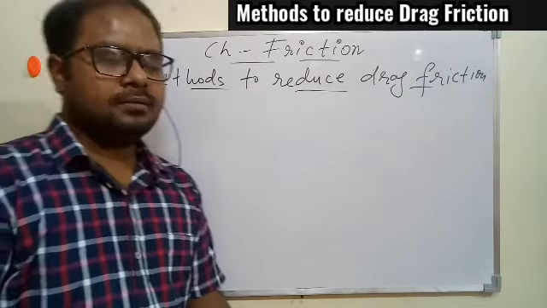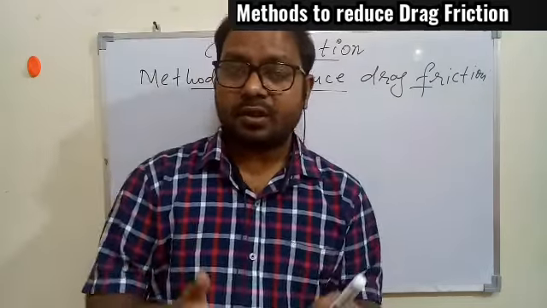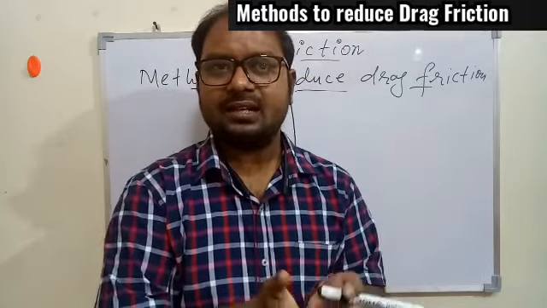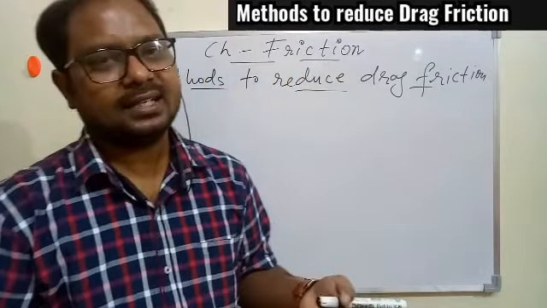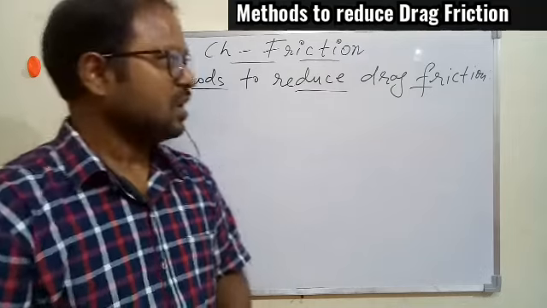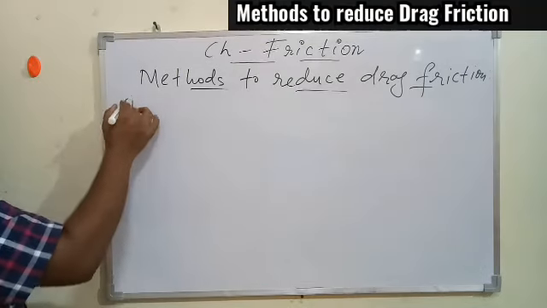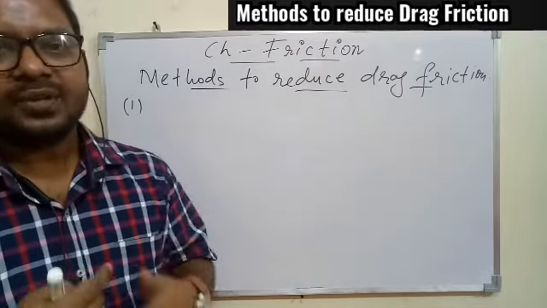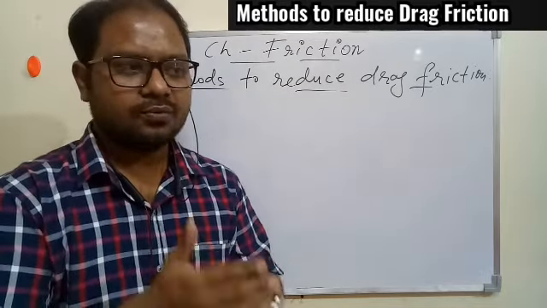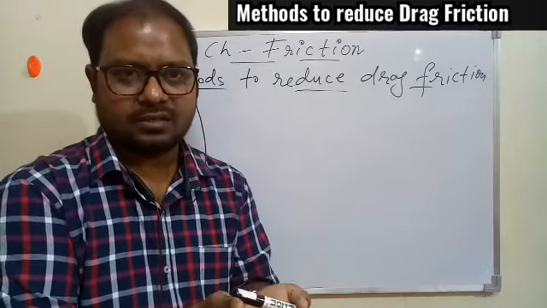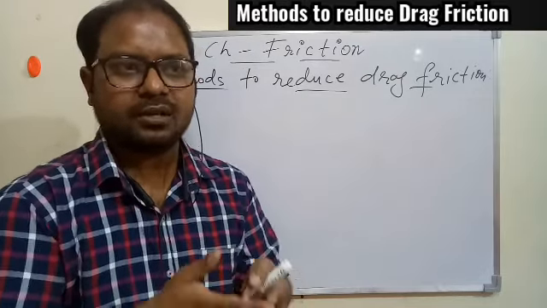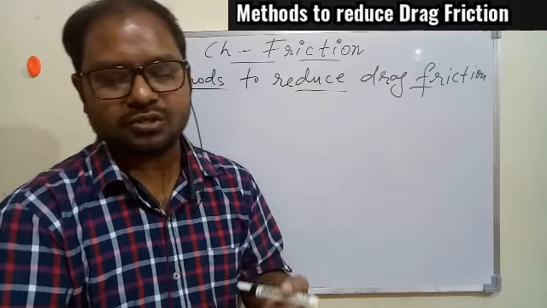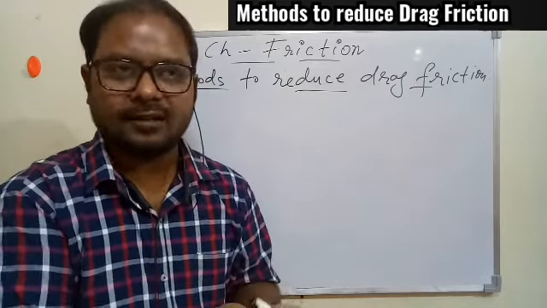It's a very simple concept: if we know the different factors which decide the drag friction, we know how to increase and decrease the drag. So if you remember, the factors affecting the drag friction are, very first, the nature of the surface, that is the nature of the object which is moving within the fluid. If the object has a rough surface or a smooth surface, that will decide the drag.